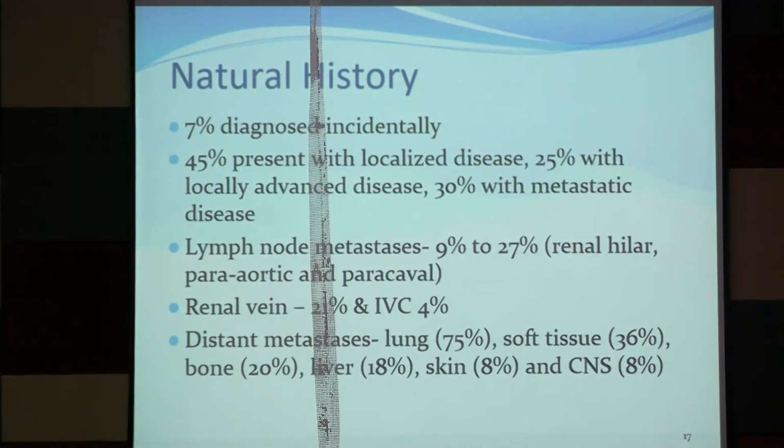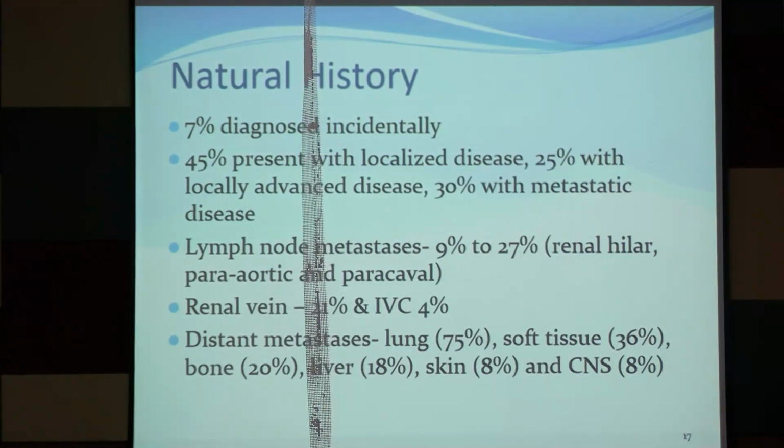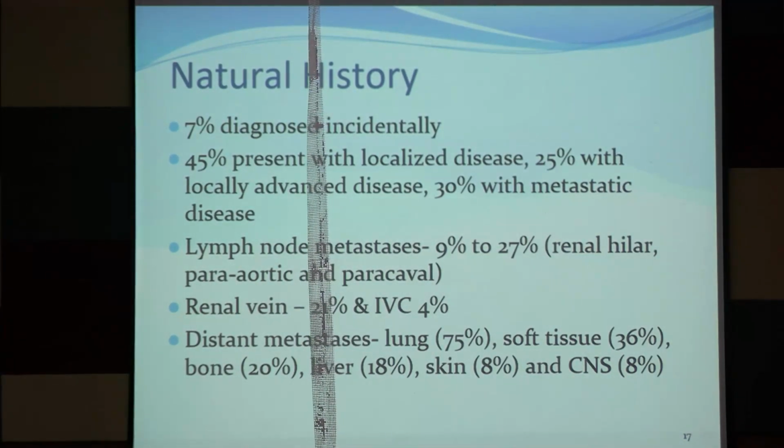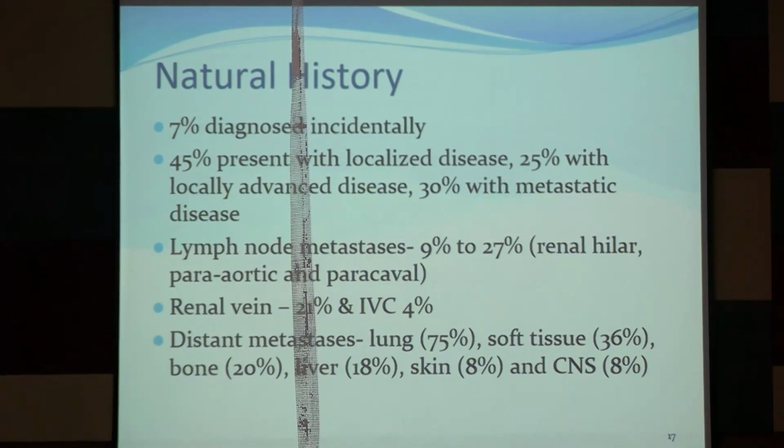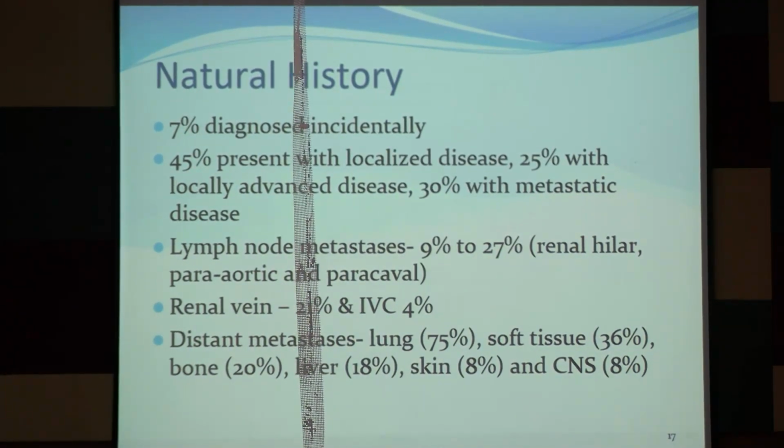That is the reason we want these patients to get diagnosed early, because they have a very poor prognosis. Okay. Lymph node metastasis is also seen, but the most important and deadly thing, which makes the surgery difficult and the prognosis difficult, is the vein invasion. That can be a renal vein invasion, that can be an IVC invasion, and that actually increases the stage of the disease.